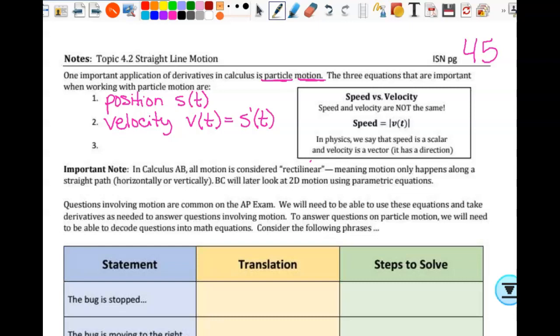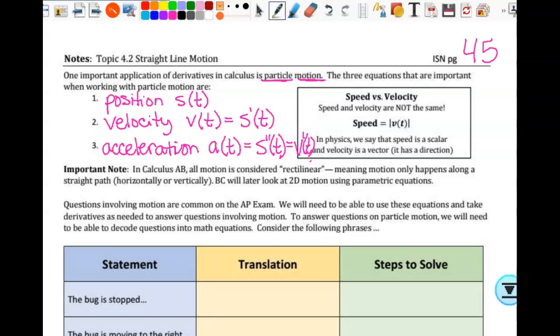Make sense? Okay, position, velocity, then what? Acceleration, good. Acceleration. That's one word. Acceleration. That's A of t, which is the same thing as S double prime of t, which is actually the same thing as V prime of t.